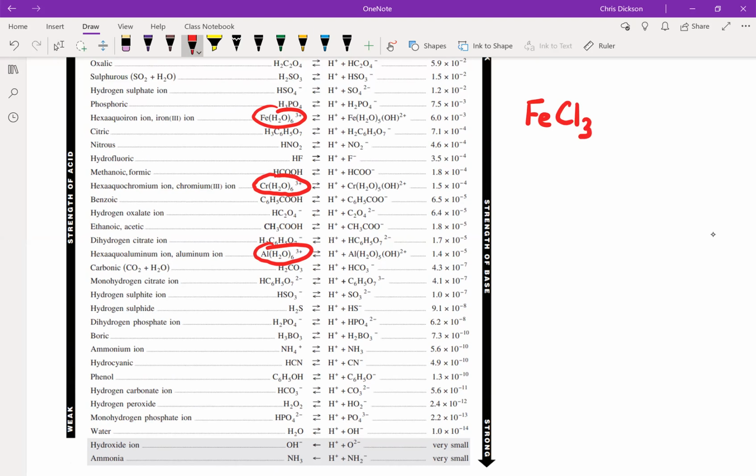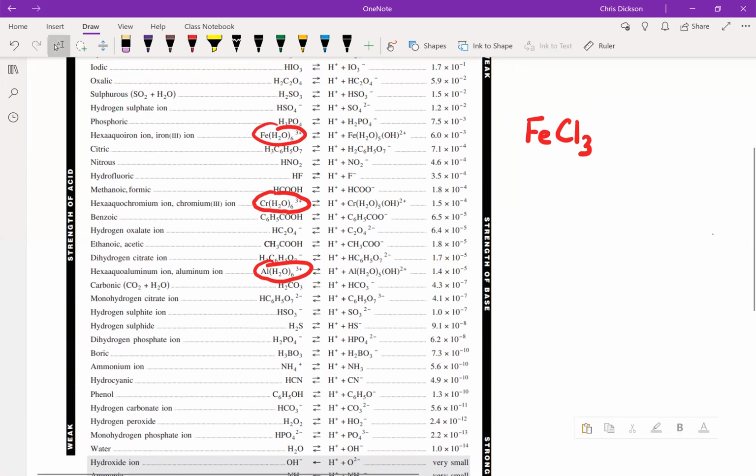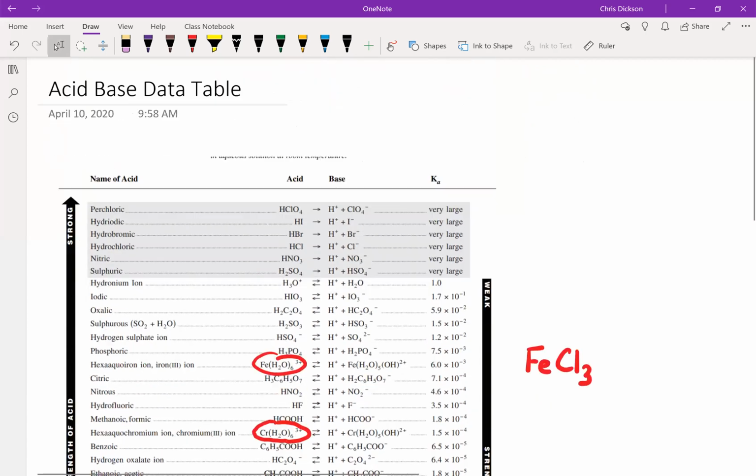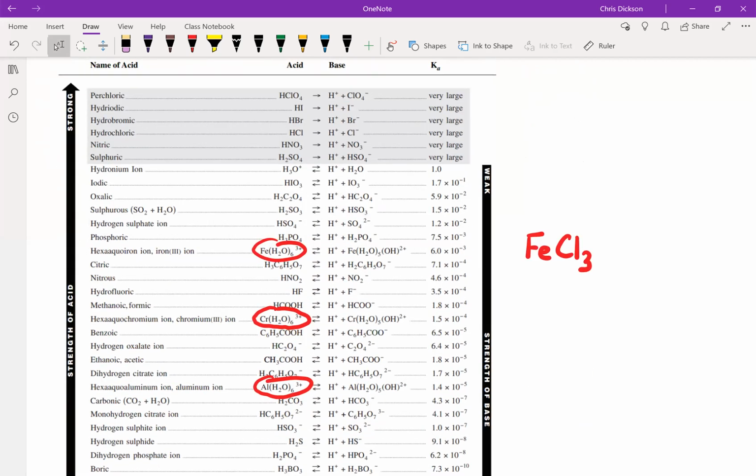So this compound here would dissociate. Actually, I just have to check something here. I'm not sure whether that might be the best choice. I just want to check the solubility of this compound. Iron, yeah, it should be okay.